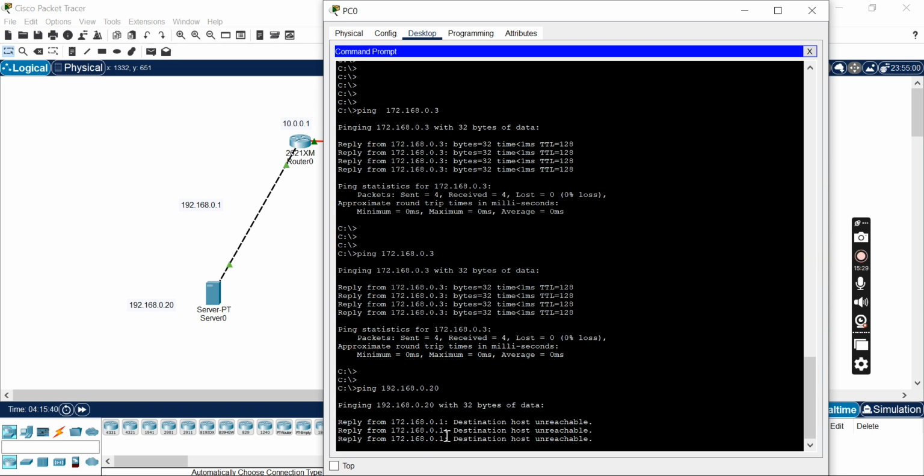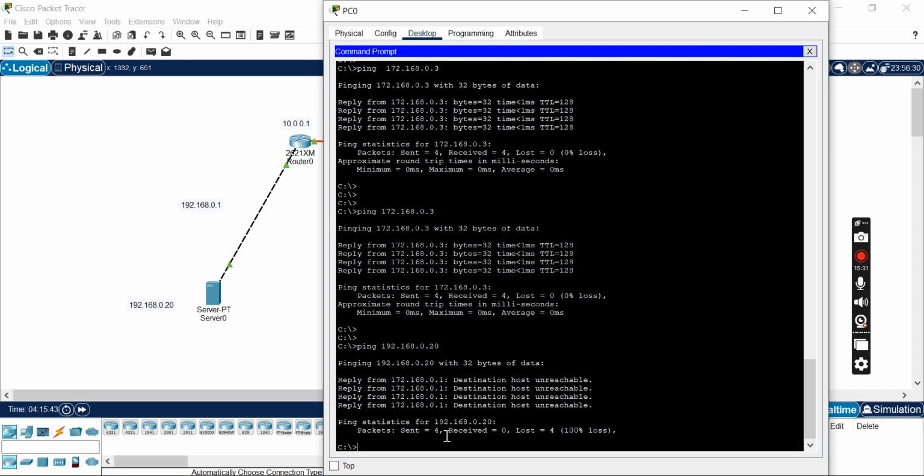And when I'm trying to get my reply with my named ACL, it's telling me reply from 172.168.0.1: destination host unreachable. Destination host unreachable because I can't communicate with my server IP address. It's not working. Okay, so that is the way that we can create a little bit different way to configure our standard ACL to block particular networking devices.